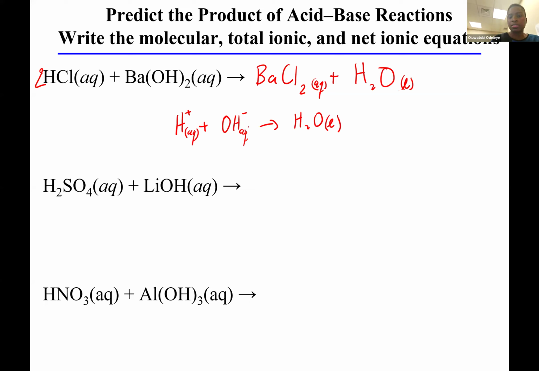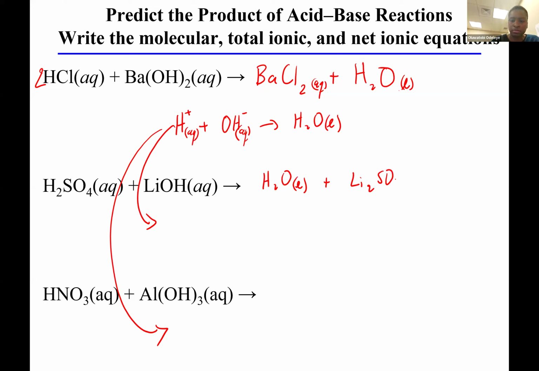So the net ionic is the same for all of them. I'm not going to write it for all of them. I'll write the molecular equation. Be sure that you're able to write the total and net ionic equations. This is water again, and lithium sulfate, which is aqueous.